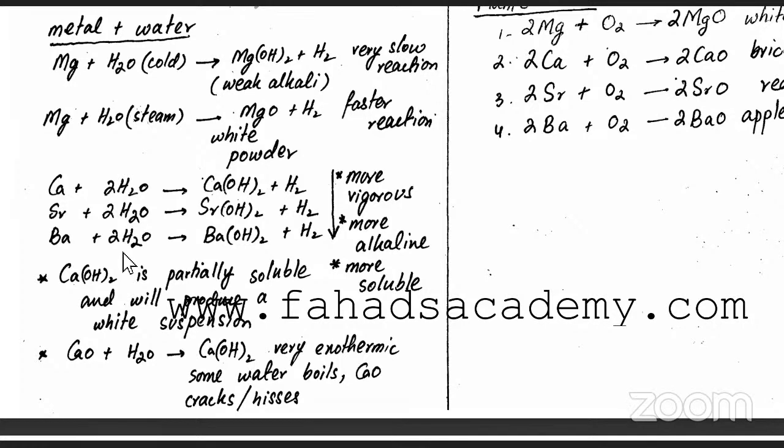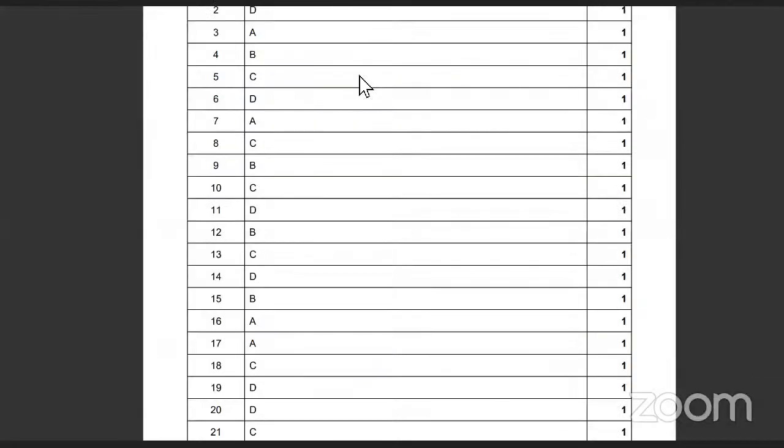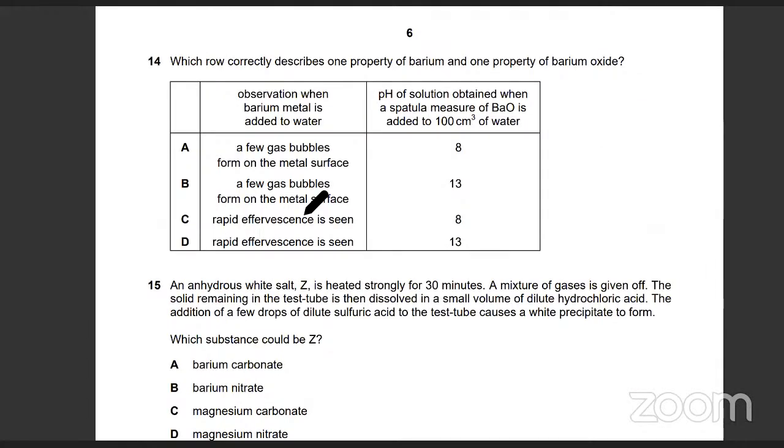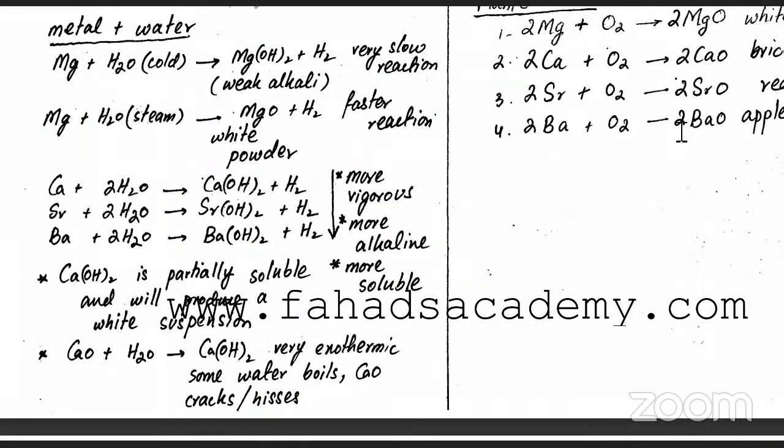So they've got more and more vigorous reactions when you go down the group. So it's going to be rapid effervescence, right? And barium oxide, when you add barium oxide to water, is it soluble or less soluble or more soluble? Very soluble. As you go down the group, solubility increases. Again, look at the notes.